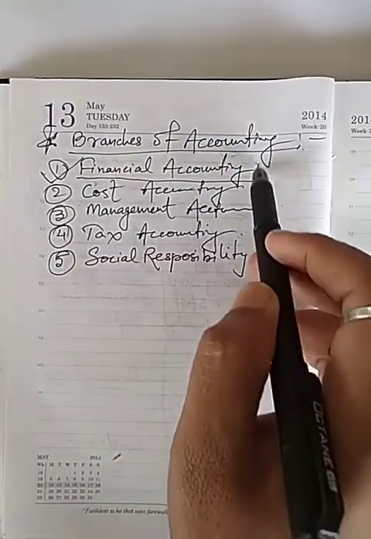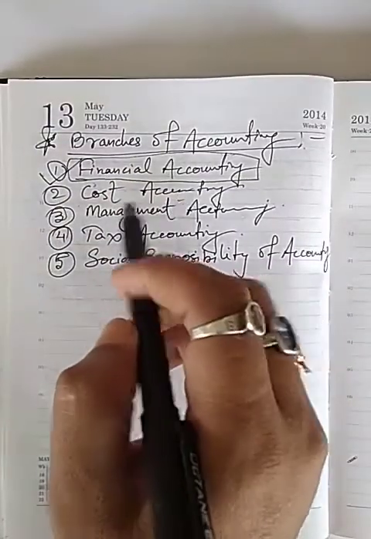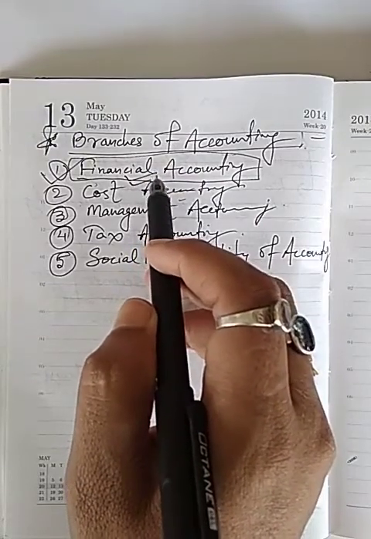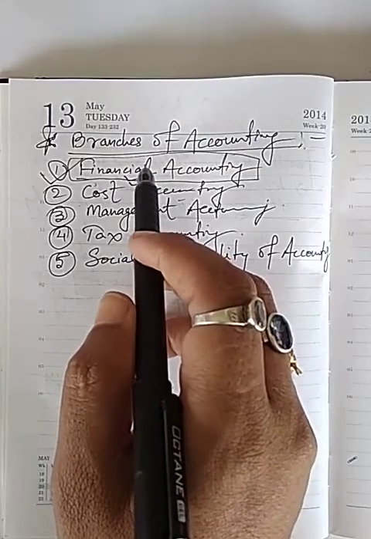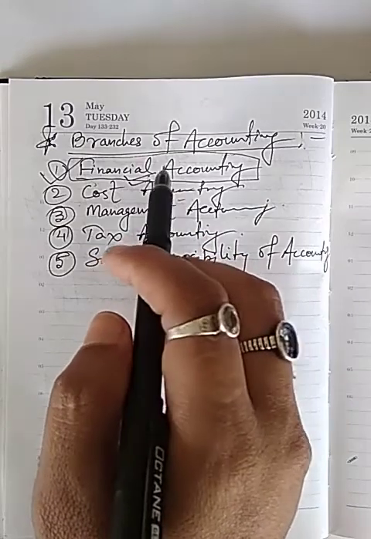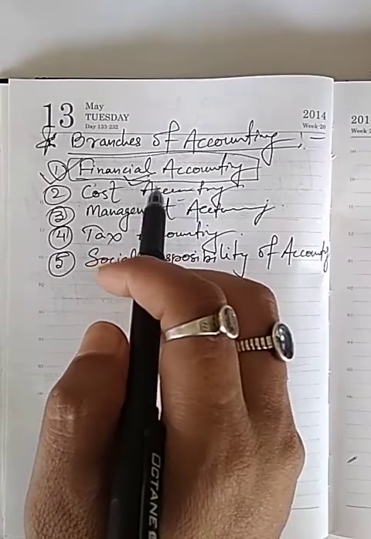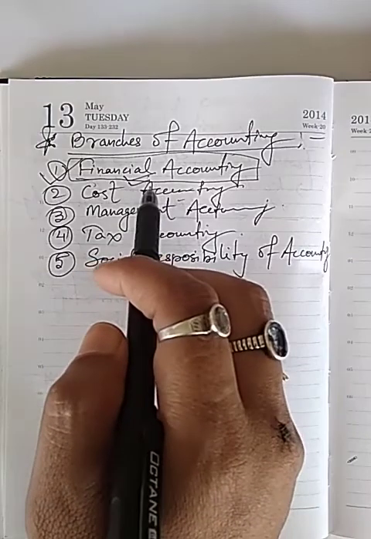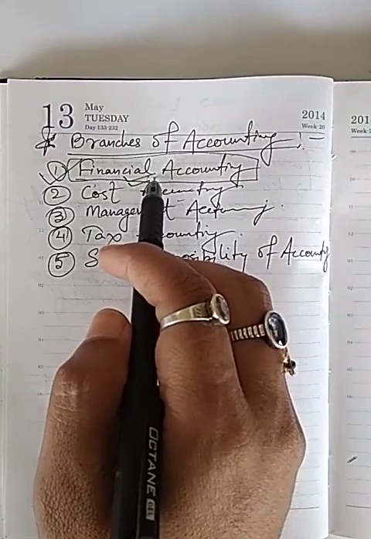First, financial accounting. What is financial accounting? The main purpose of this branch of accounting is to record business transactions in a systematic manner, to ascertain the profit and loss of the accounting period by preparing a profit and loss account, and to present the financial position of the business by preparing a balance sheet.